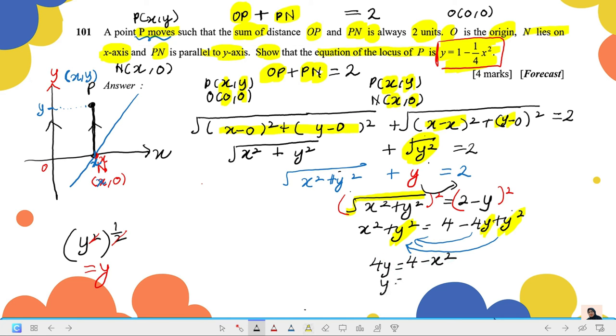So y is (4 minus x squared) over 4. If you simplify this, you get 1 minus x squared over 4, or you can write it as 1 minus 1 over 4 x squared. Done.